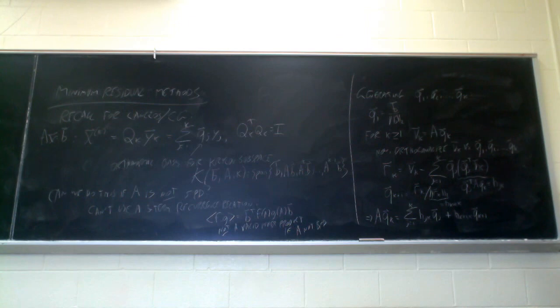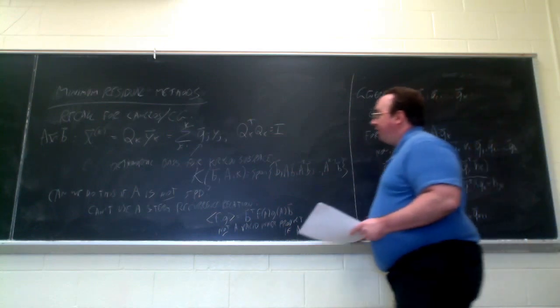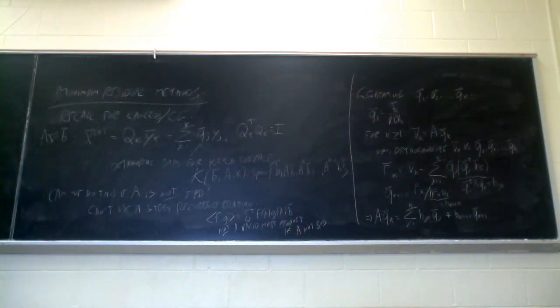So if I put all of those relationships together, then I can express this in matrix form. And I get a similar relationship to what we saw with Lanczos, deriving conjugate gradient.